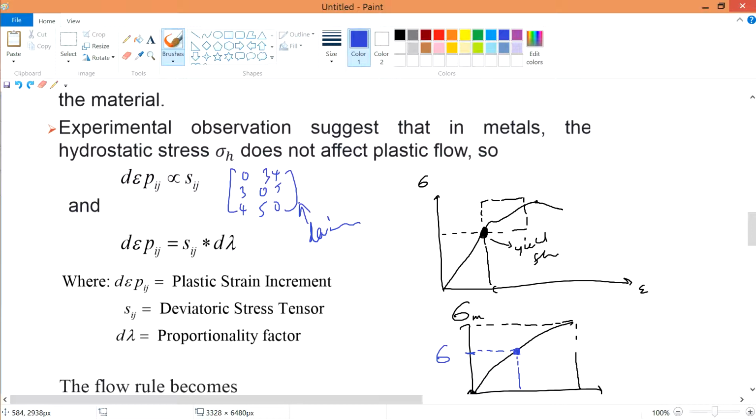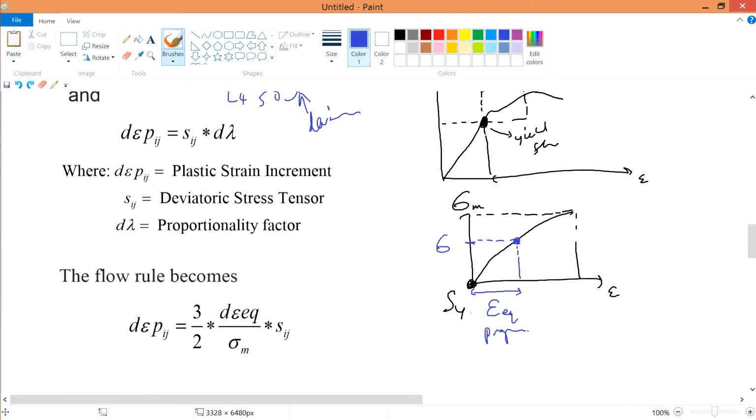We don't know what it is, but let's continue first. Due to your flow rule, meaning how the material flows, we come out saying that d lambda, the proportional factor, is 3/2 multiplied by your equivalent strain divided by the von Mises stress. So it is some form of constant multiplied by your stress.